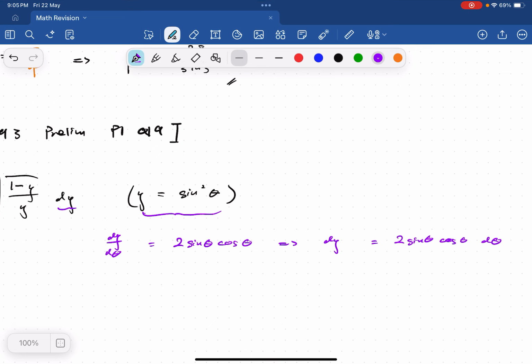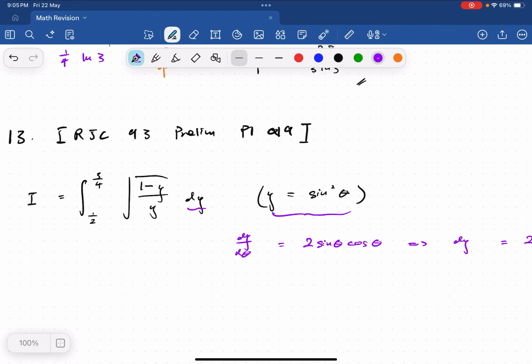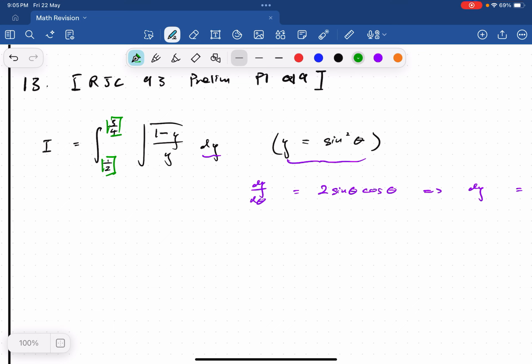Okay? So remember, for definite integrals, I have one less step because I don't need to convert back in terms of the original variable. I don't need to convert back in terms of y. But I also get one more step because I need to convert these bounds over here, 3/4 and half. So now I'm going to go through my second step of converting the bounds.